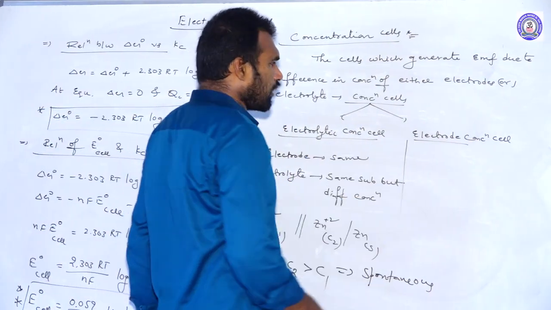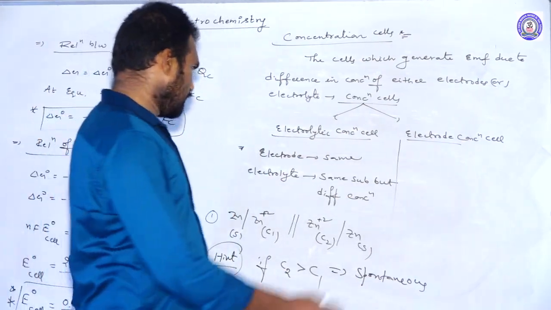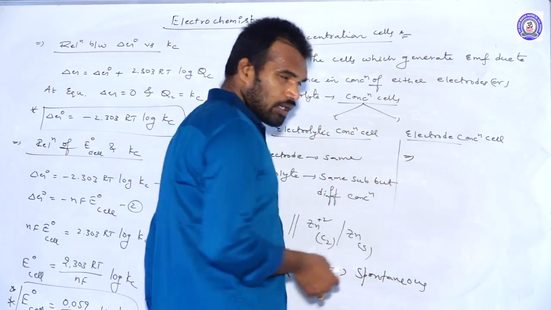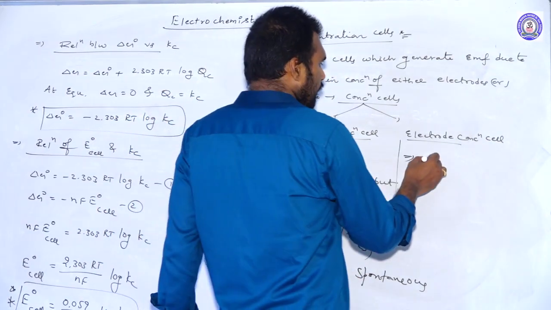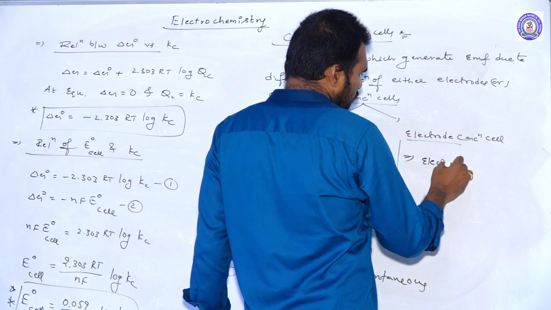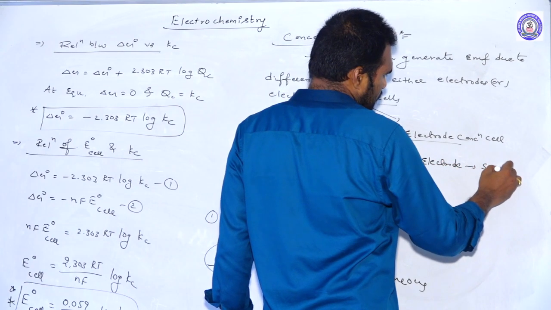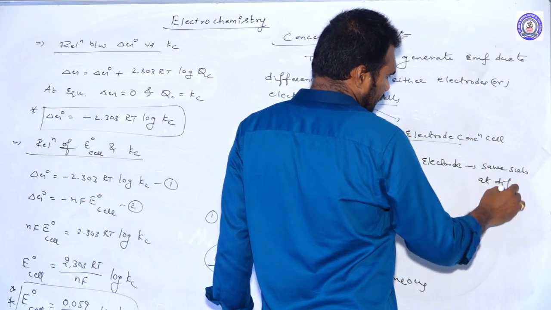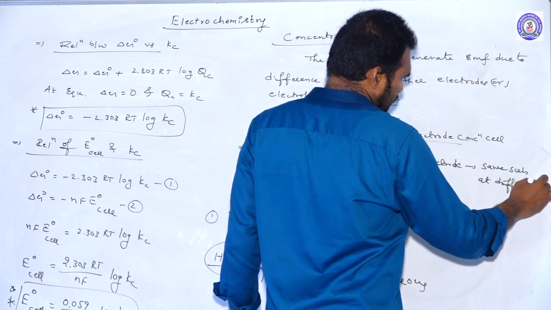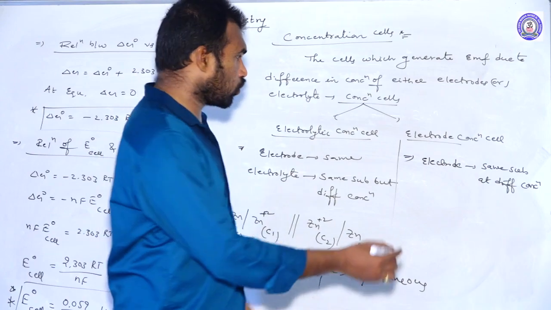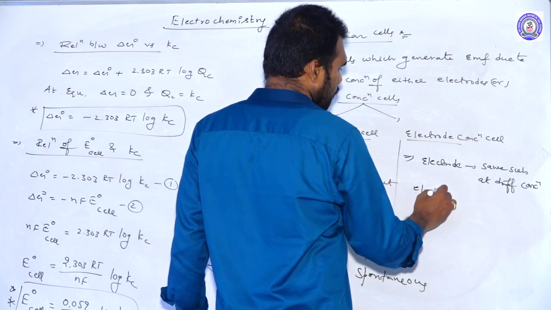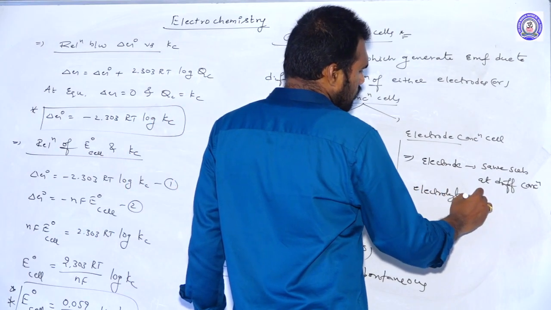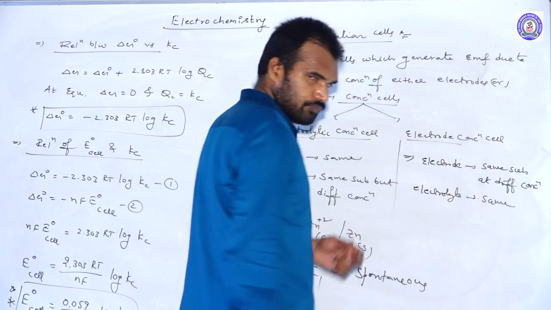Next, coming to the electrode concentration cell. Here the electrodes are of the same substance but at different concentrations, while the electrolytic solutions are the same.